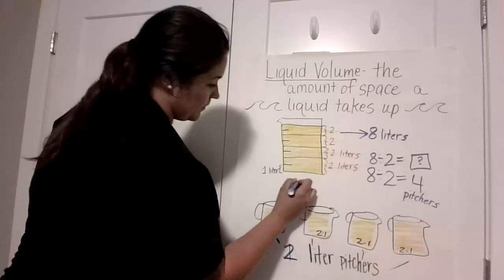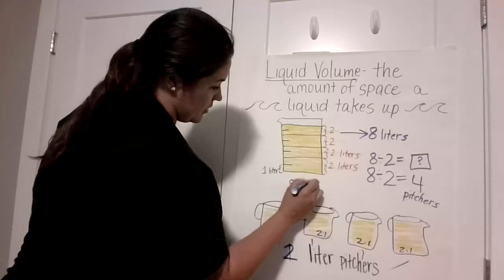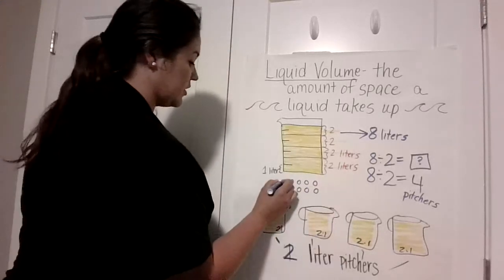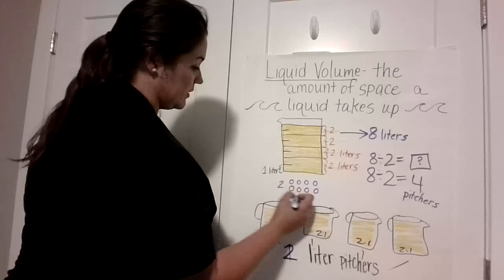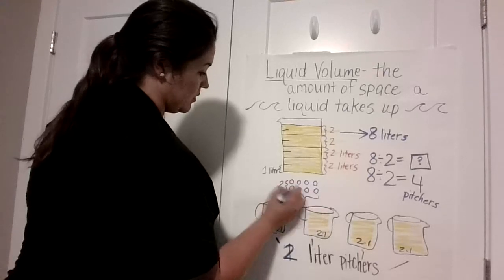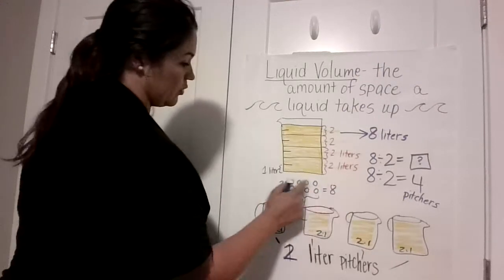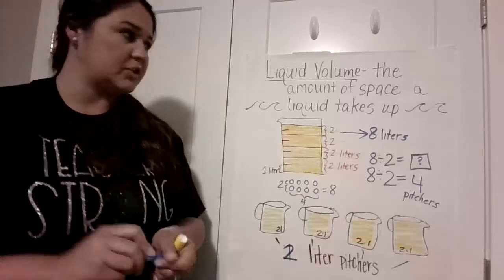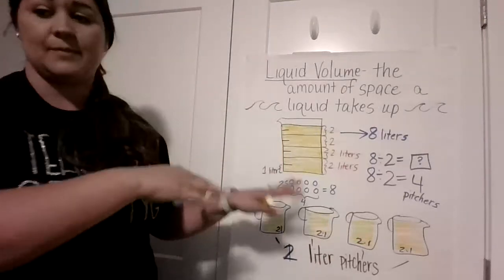So that's 1, 2, 3, 4, 5, 6, 7, 8, and you drew an array. So then you would know that that was 2 times 4, right? And that equals 8 total liters. So there are so many different ways and strategies that you can use to solve this type of story problem.